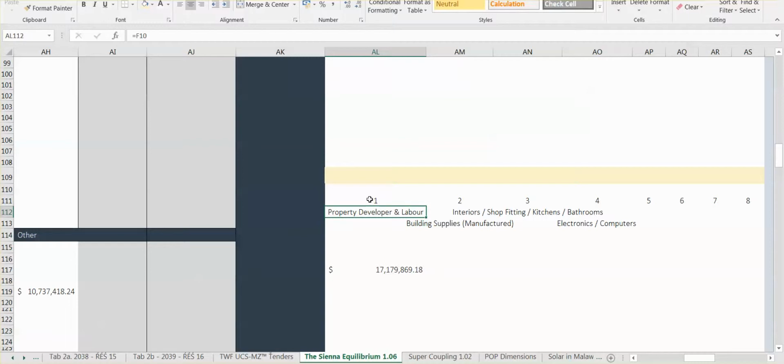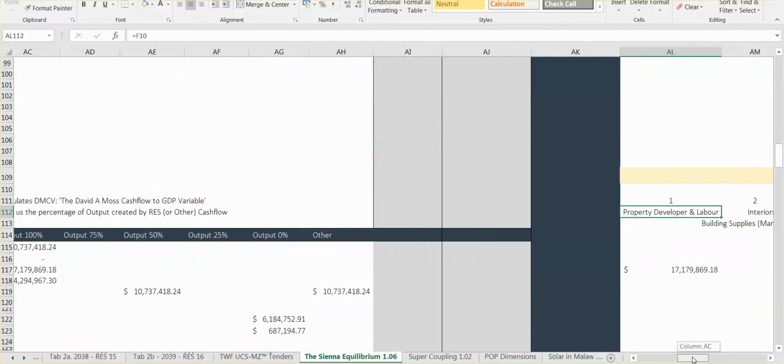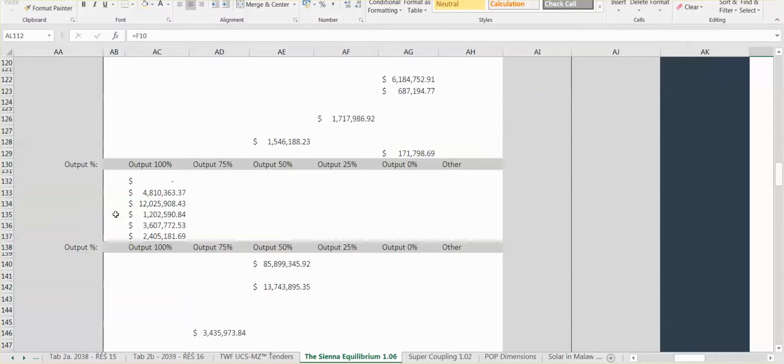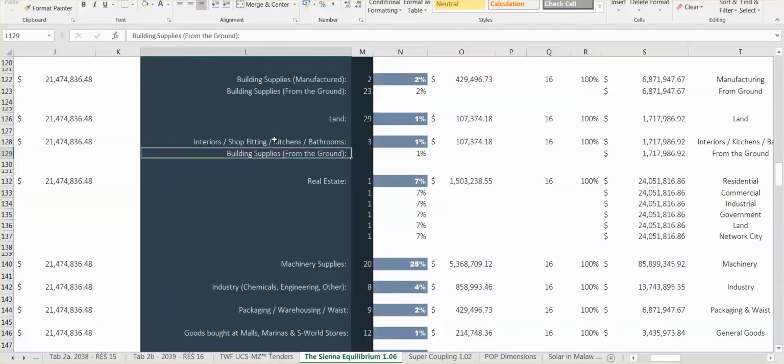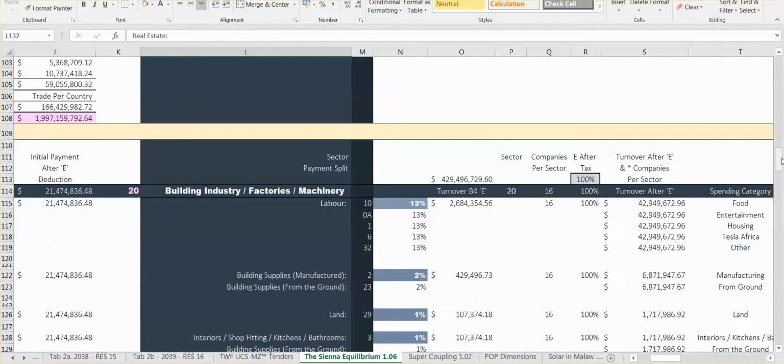And what this spreadsheet will show, and I think has already shown, but this next section scrutinizes it, is that when the cash flow is spent with the property developer, for instance, we can see how all that cash flow ends up at one, and simply seeing it here, we can see that this is 100% E. So every single penny spent here by this company goes to one or another SWOL company or member of personnel.